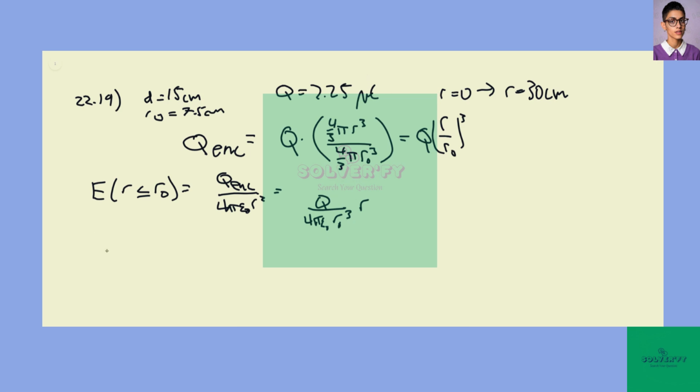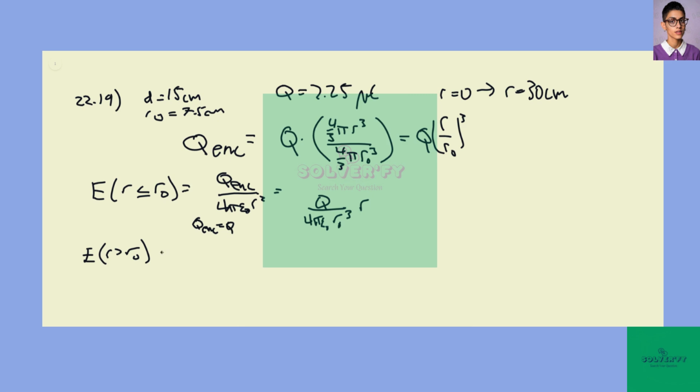So now we need to figure out what the E field looks like outside of the sphere. So this is for r greater than or equal to r naught. So now the electric field outside is just calculated with Gauss's law, but we know that the total enclosed is just q. It doesn't depend on r anymore.